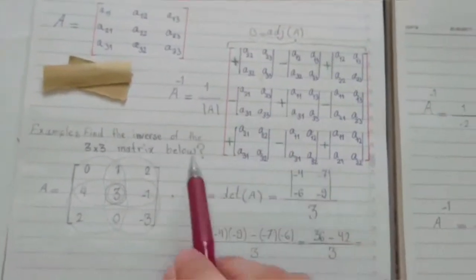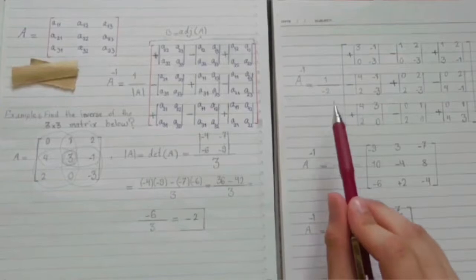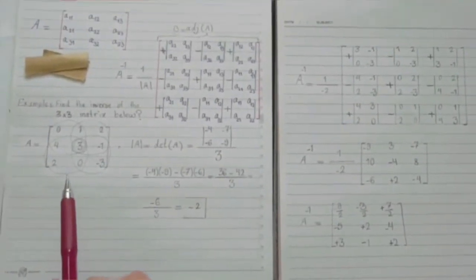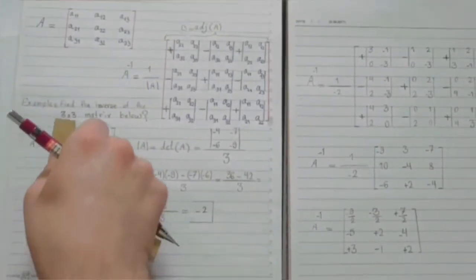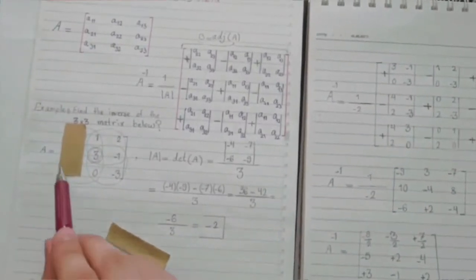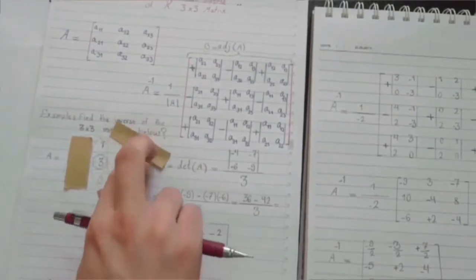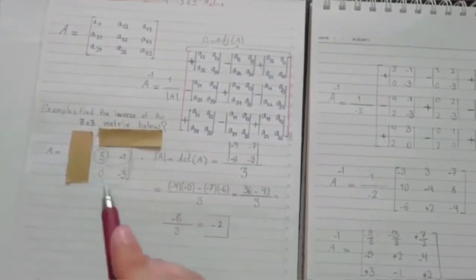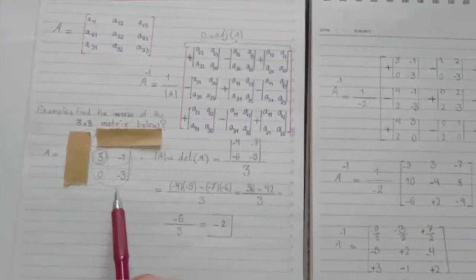By using this formula, we have here 1 over the determinant of our matrix, which is negative 2, times the adjoint of this matrix. How do we find the adjoint of this matrix? Let's find it. Okay, the first entry is equal to the determinant of the matrix of ignoring the first column and the first row that we are left with, which is 3, negative 1, 0, and negative 3, okay?